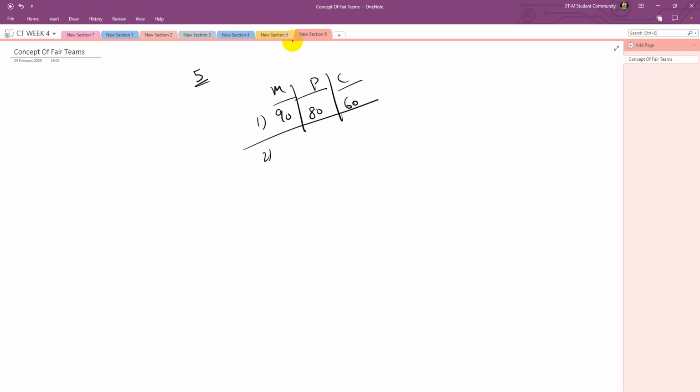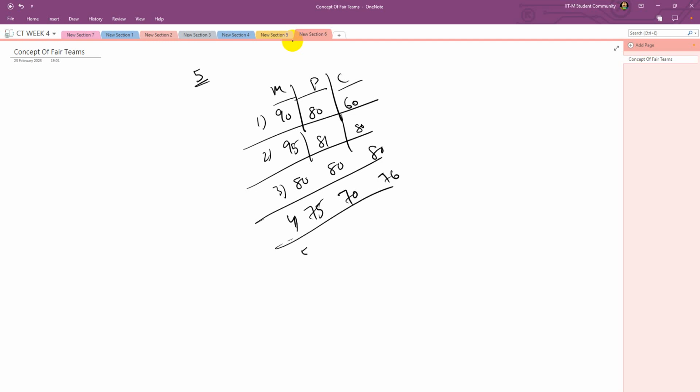The second student has 95 in math, 81 in physics, and 80 in chemistry. The third student has 80, 80, 80, all 80s in all the three subjects. The fourth has 75, 70 and 76. And the fifth student has 77, 75 and 50.